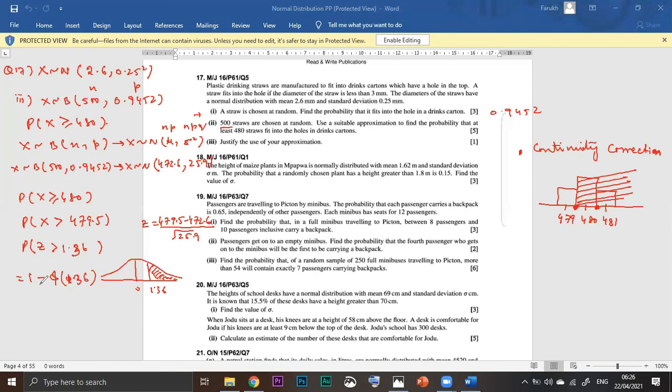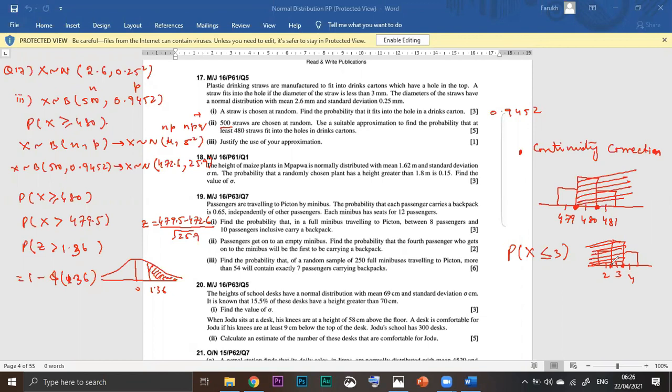Now we should practice the continuity correction when the probability of x is less than or equal to 3. We will draw 3 rectangles: 3 in the middle, 2 and 4 beside it. Less than or equal to 3: 3 is included and we move to the left-hand side. Should we write 2.5 or 3.5? 3.5.